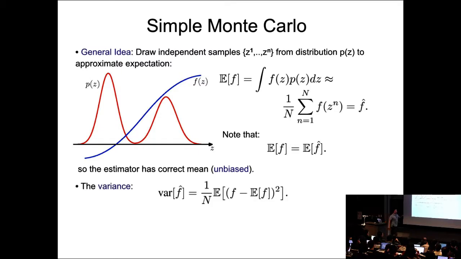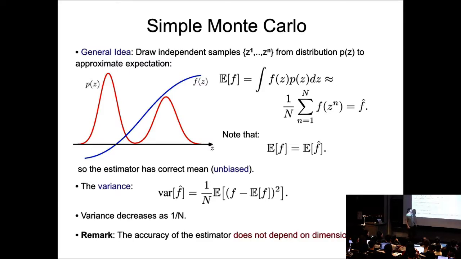Now if you look at the variance of the estimator, it has this property. So the variance decreases as 1 over n. Okay? And the accuracy of this estimator doesn't depend on the dimensionality of the space. So the space itself could be very, very high dimensional. If you look at this, it looks a little bit magical, right?